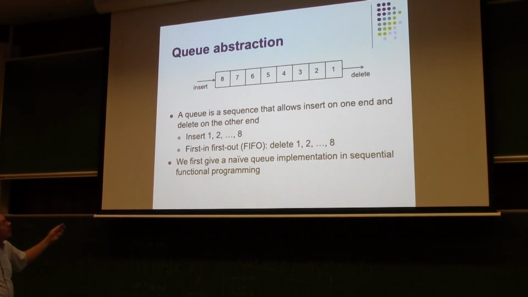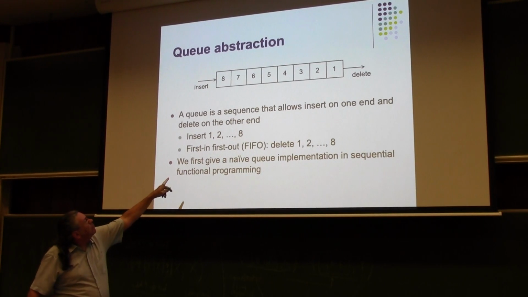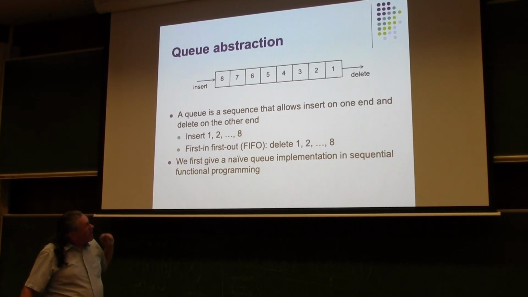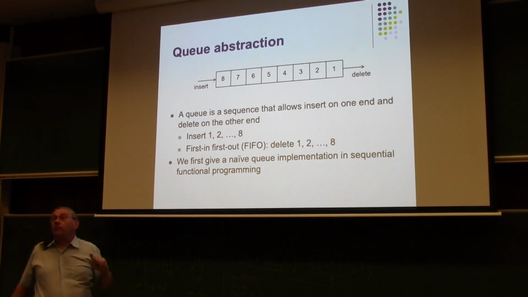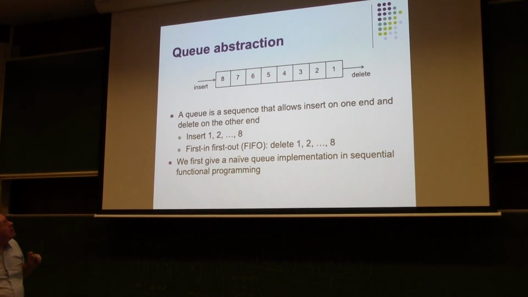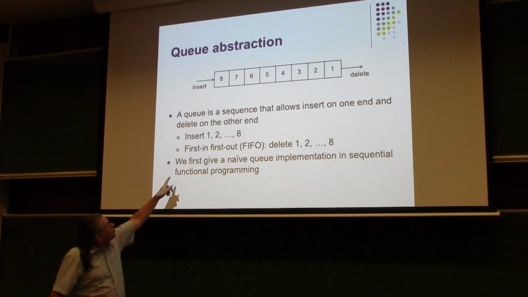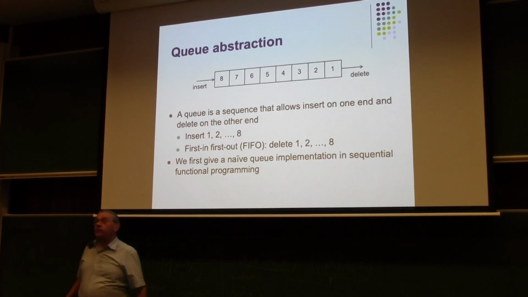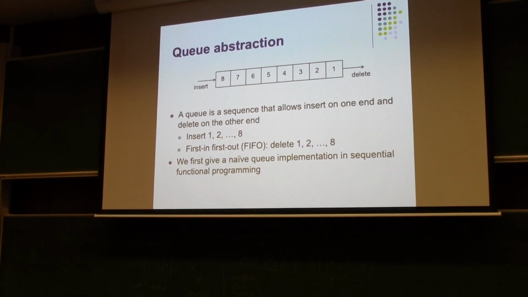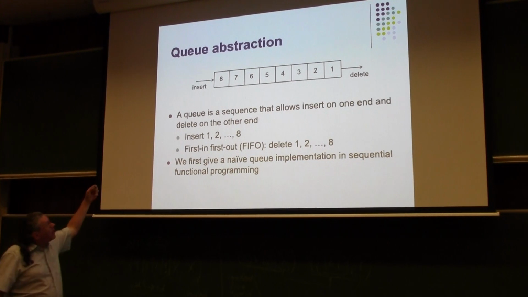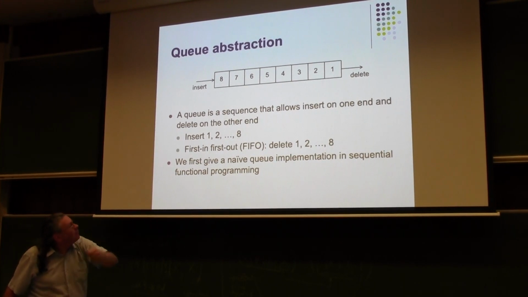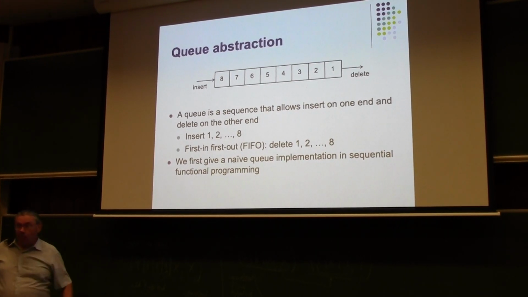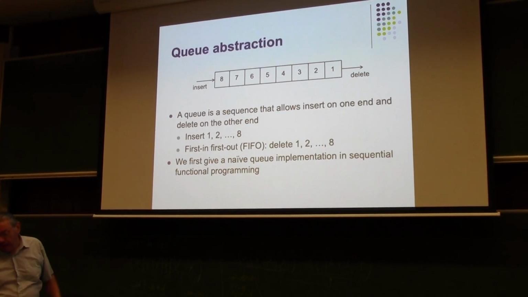That's it. So here I insert 1, 2, 3, 4 up to 8. And when I delete elements, it's the 1 that comes out first. So you can also call this a first in, first out sequence. The 1 goes in first, and it also comes out first.